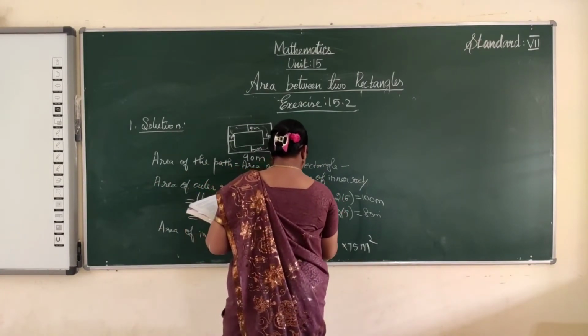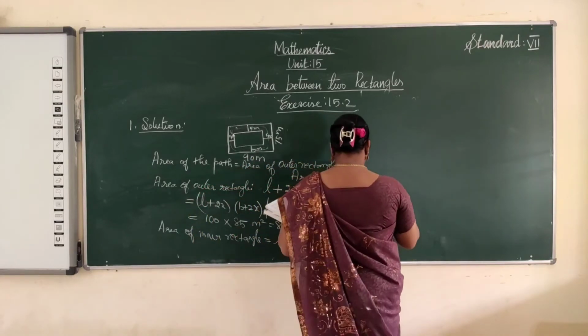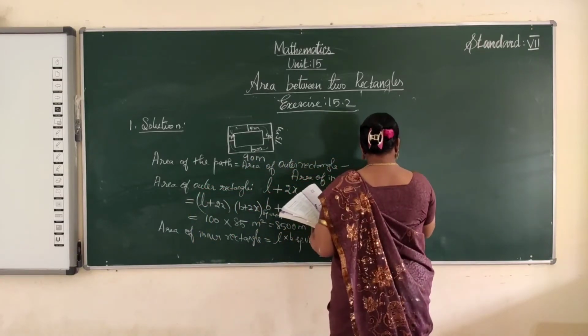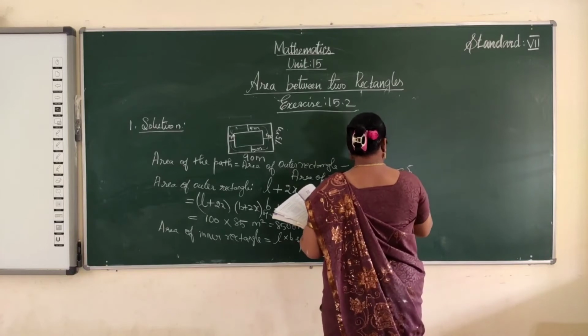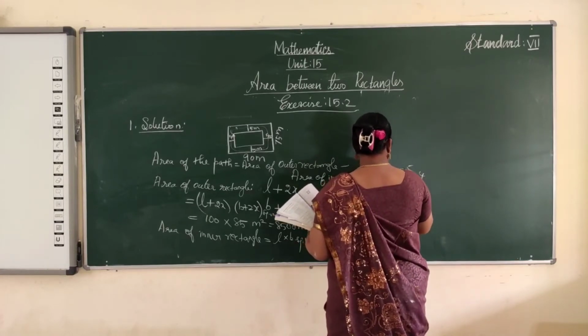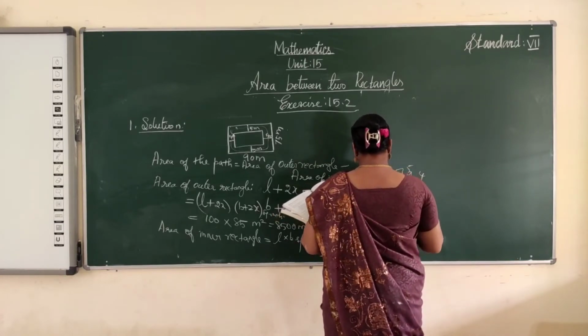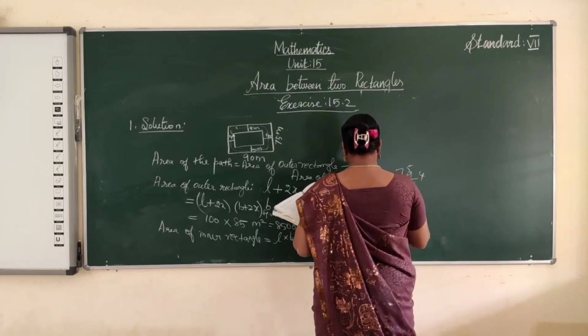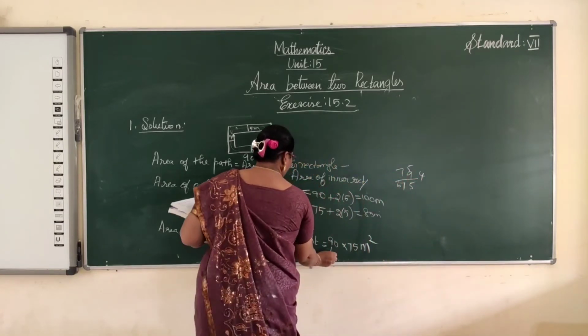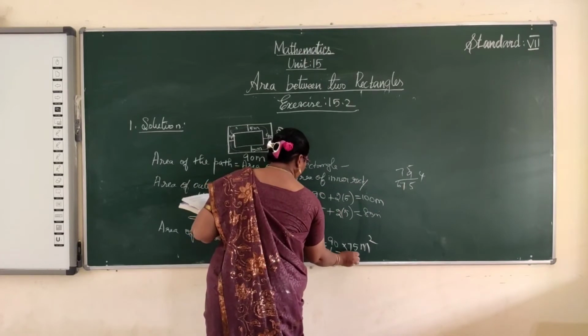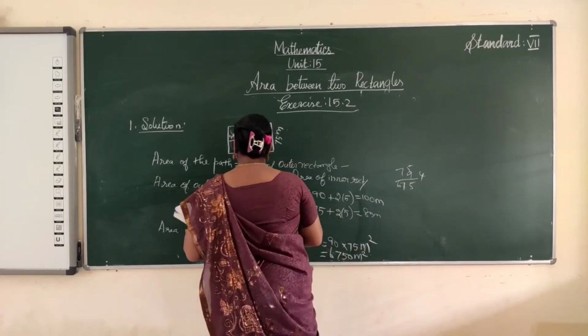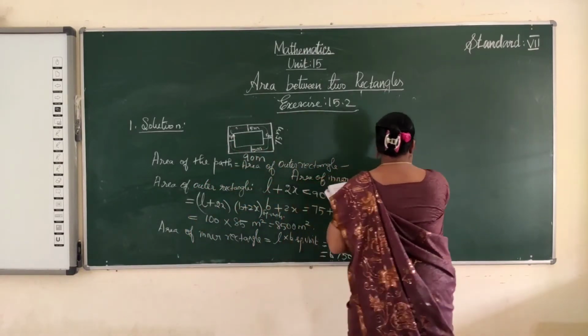So multiply these two values. 6750 meters square. Now substitute this value in this formula.